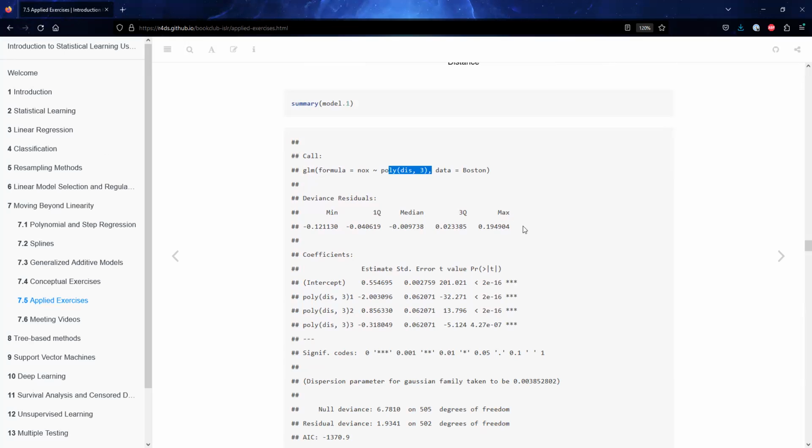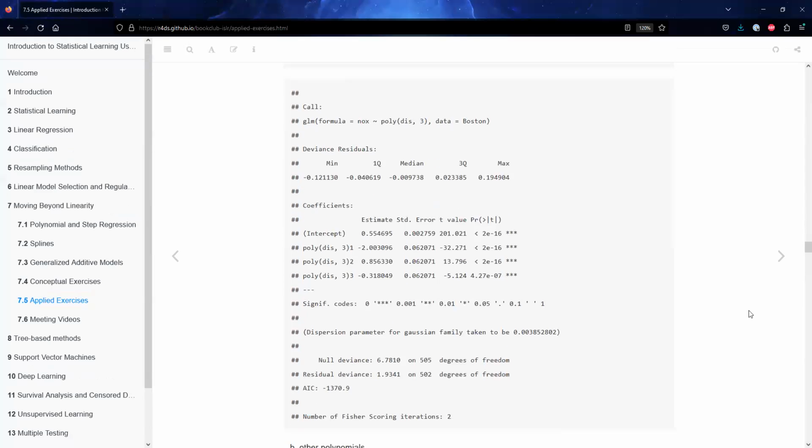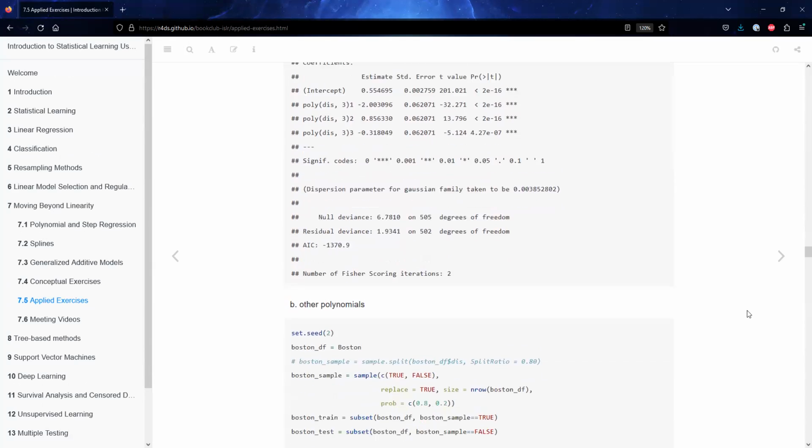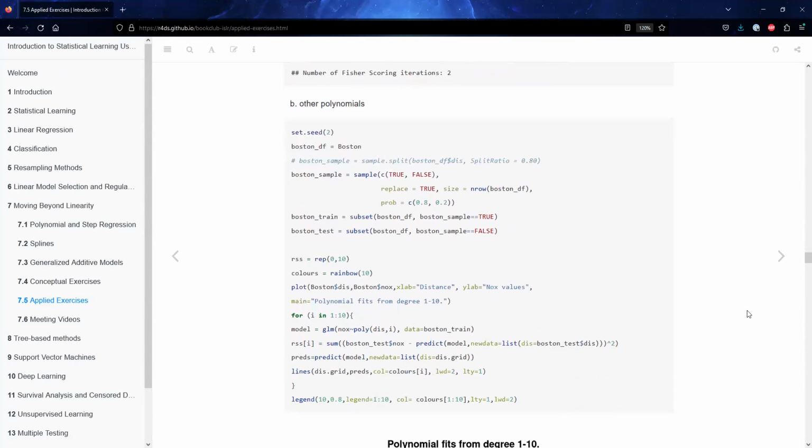We tried out a degree 3 polynomial, and for each degree, it seems significant so far. We could, of course, try out other polynomials.